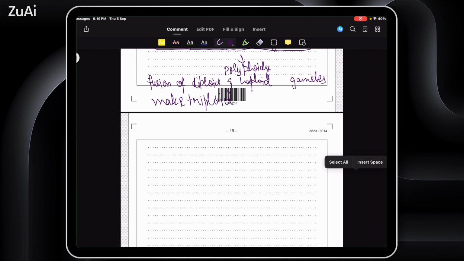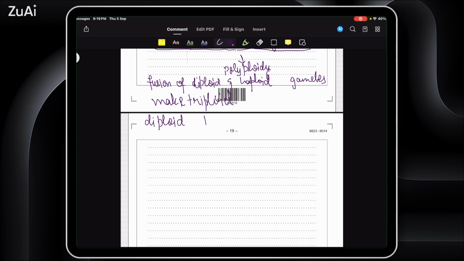So diploids and tetraploids are reproductively isolated. Diploids and tetraploids. Tetra means 4. So di and tetra are reproductively isolated.